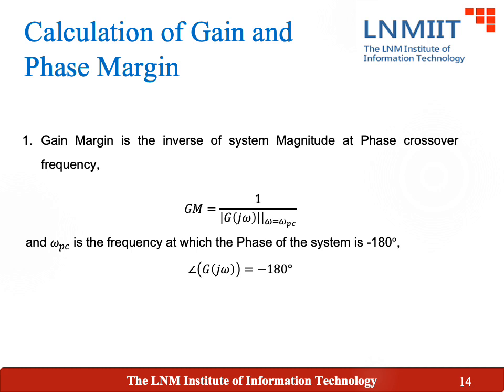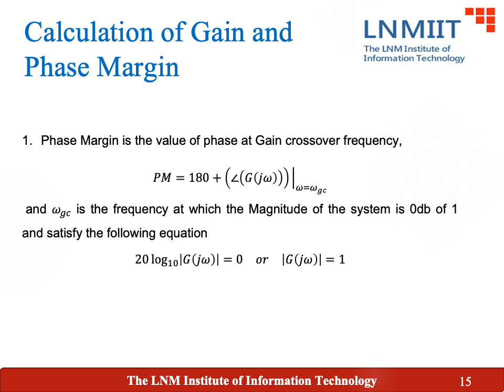So the equation angle of G(j omega) equals minus 180 degrees will provide you the frequency omega pc. If you solve this equation, you will have the value of omega pc. Then, after calculating omega pc, you will substitute that value into your magnitude and find out the value of the gain margin. So the gain margin formula equals 1 upon the magnitude of your system.